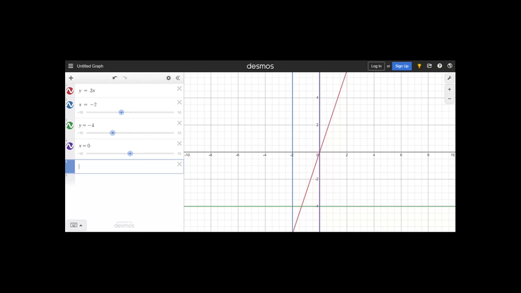So, you know which line will be parallel to x-axis, which line is parallel to y-axis, which line will pass through the origin. Which line is passing through origin? Ma'am, if x equal to y, or y equal to 3x also.